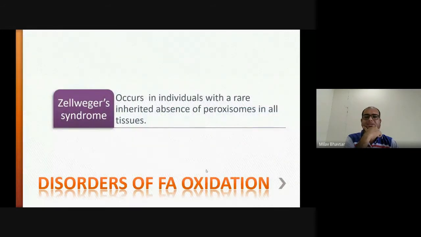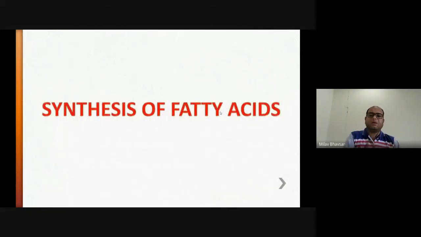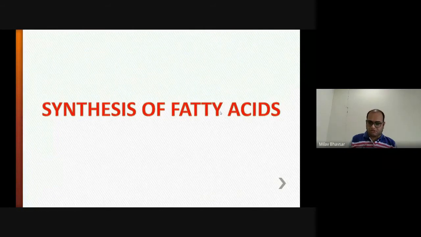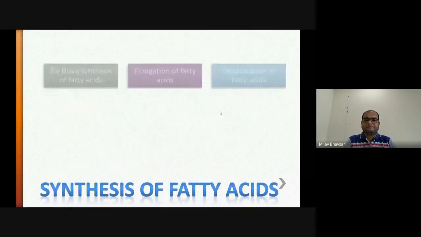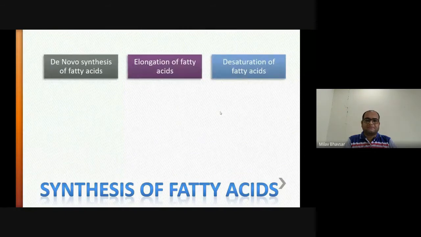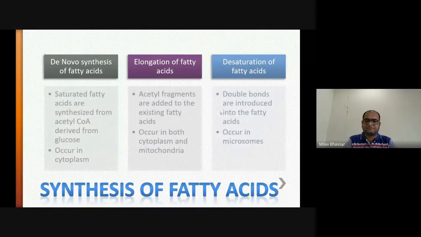Zellweger syndrome is a rare inherited disease present because of the beta oxidation not happening inside the peroxisomes, not in the regular, but in the peroxisome. Now coming to the opposite component, that is synthesis. Okay, so there are three types: de novo synthesis, elongation of fatty acids, and desaturation.